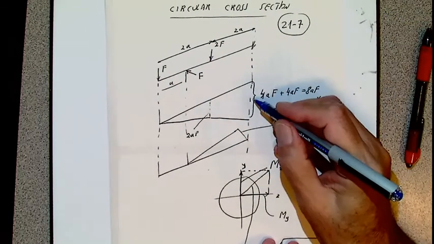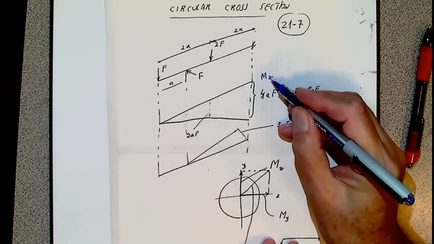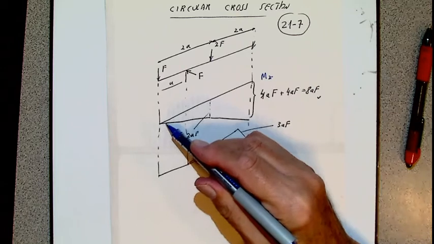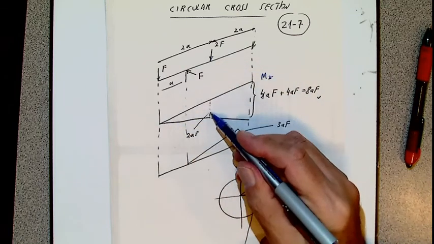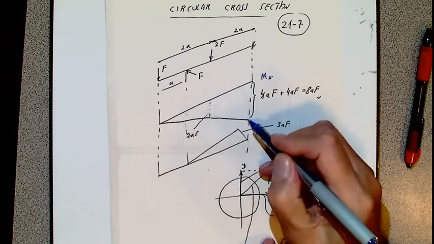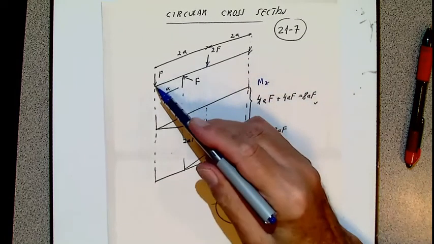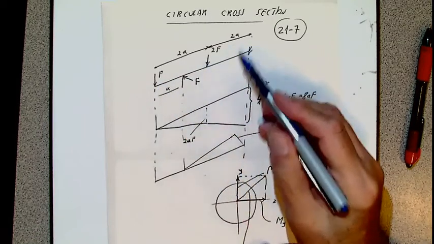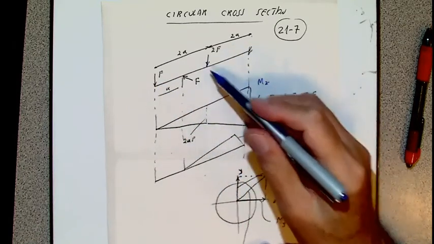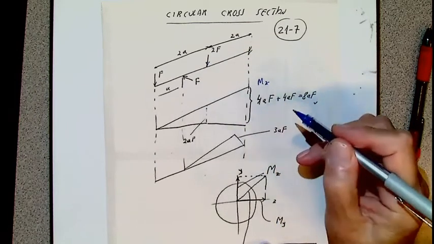So what will be the diagram? That is Mz. F times 2A, that is 2AF, this one. Then here will be this F times distance 4A, 4AF, plus this 2F times 2A is 4AF, so it's 8AF.